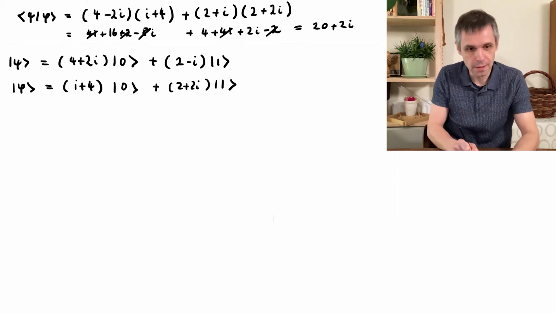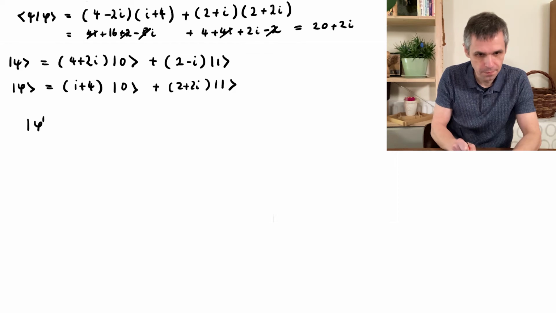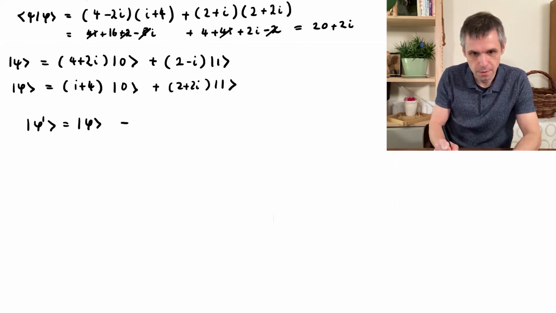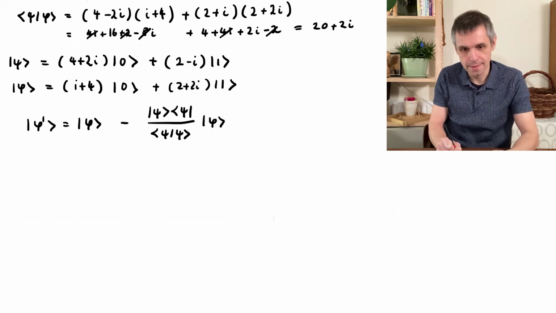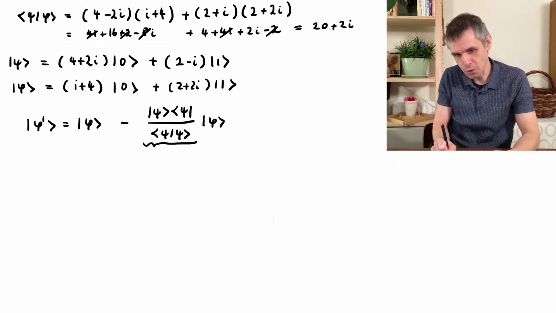And now we can write down a state phi prime by taking phi and subtracting the following expression. And in here, this piece just serves as our projection operator.